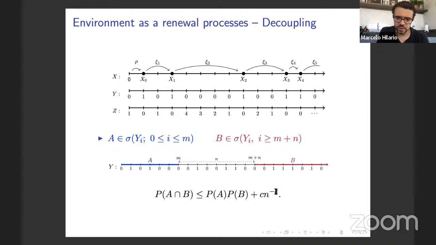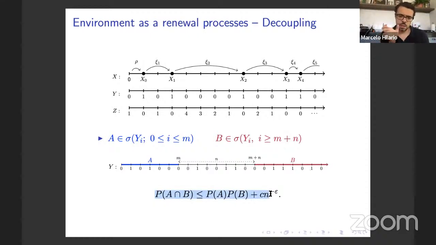And this epsilon here is the same epsilon that appears in the statement of the theorem in the moment condition. So if you have a good moment condition, let's say if epsilon is large enough, then this decay is even better for you.